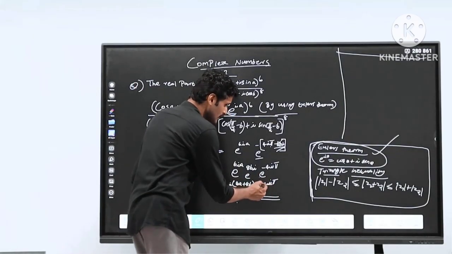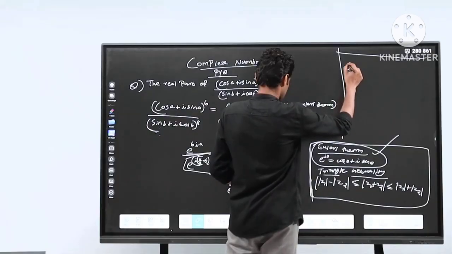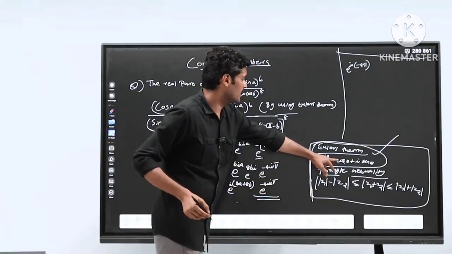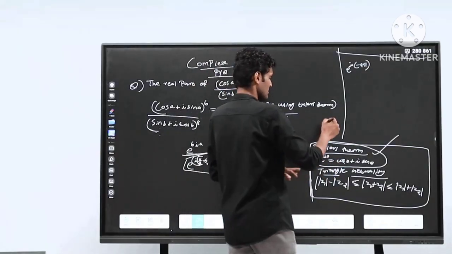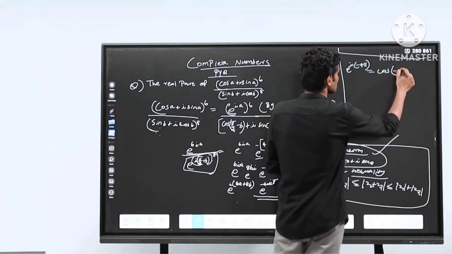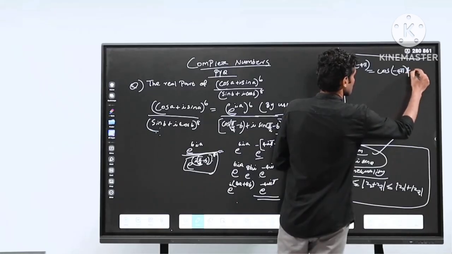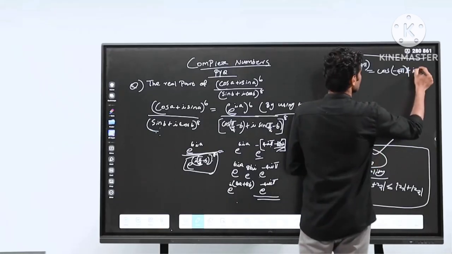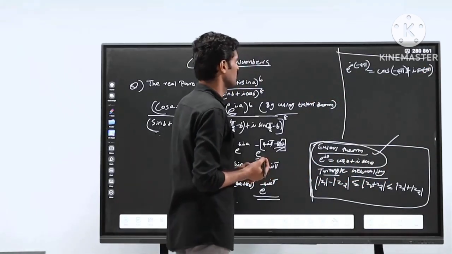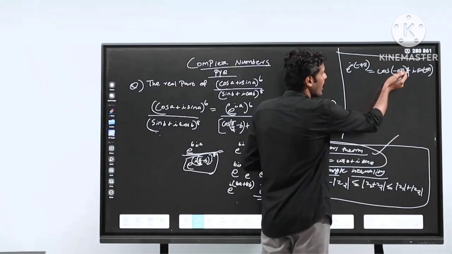Here it is I, here theta is minus 4 pi. So e raised to I theta means minus 4 pi. Then again we can apply this theorem, that is e raised to I theta is cos theta plus I into sin theta. Cos theta means cos of minus 4 pi, sin theta means sin of minus 4 pi. Here it is cos n pi.